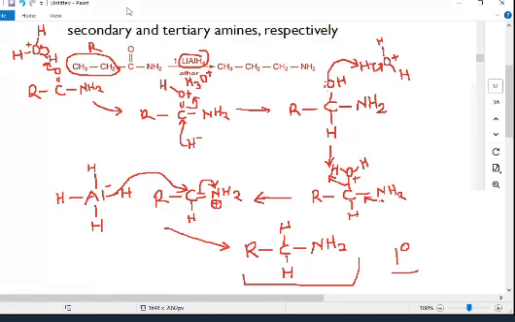Yes, so probably somebody is asking where the H minus is coming from. I thought I had already explained where it is coming from. That is okay.